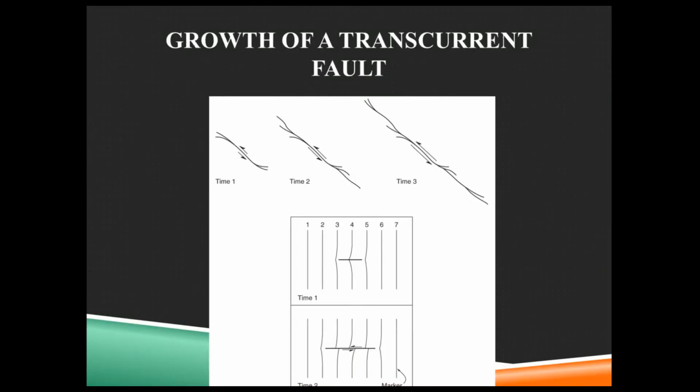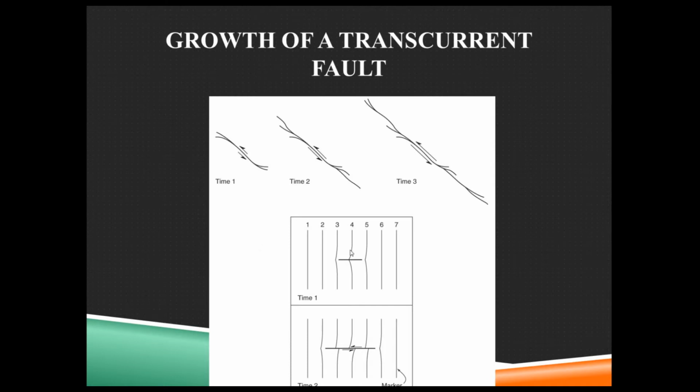So when one of these transcurrent faults starts growing, if you have different markers, whether these are fences built by humans and roads that the fault's going to cut across, or more likely out in nature, a series of hills or rivers or beach ridges or some linear feature that the fault happens to cut across.